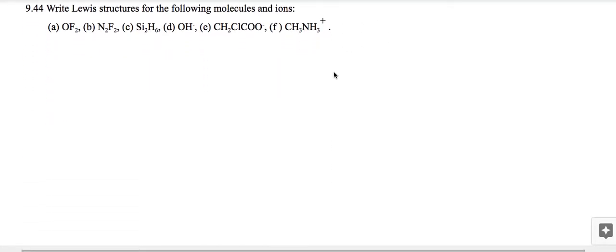More Lewis structures here. Let's see. Trying to figure out how many of these I should do. Let me just get them up on the screen real fast for you so you can see them. There is that one. We have Si. Those are all hydrogens.